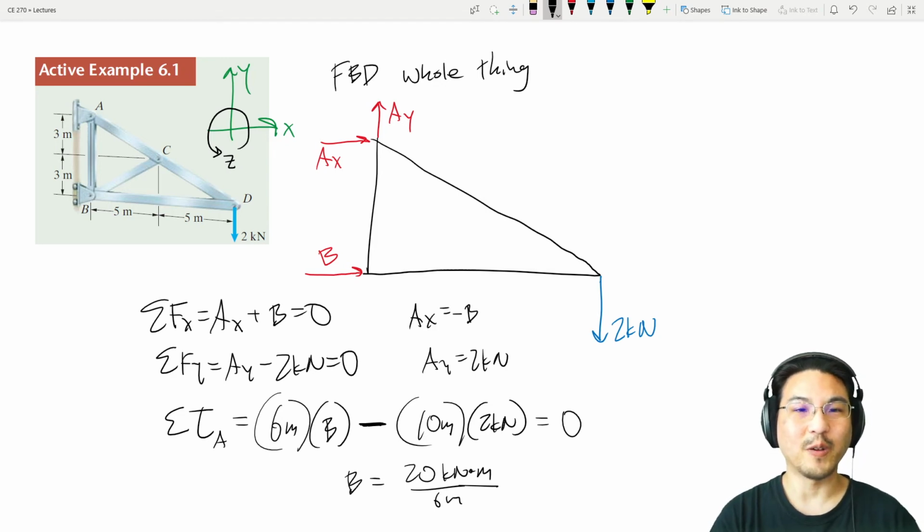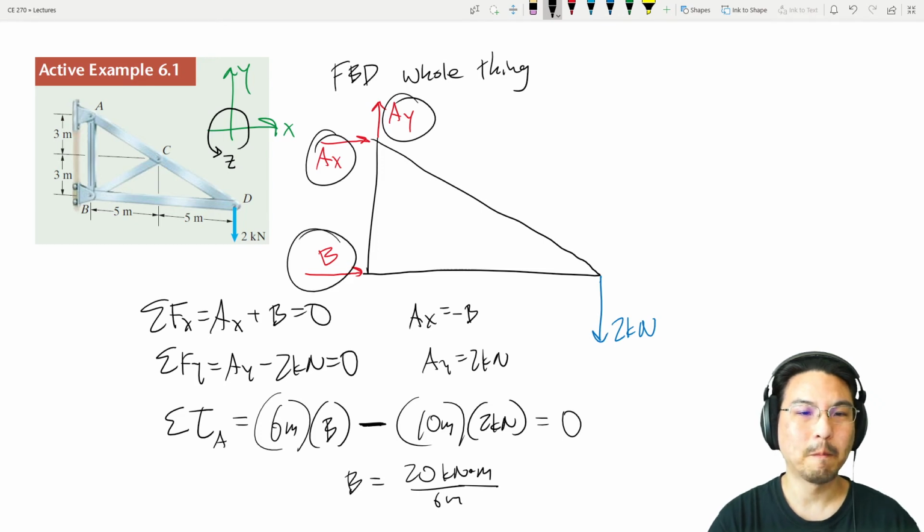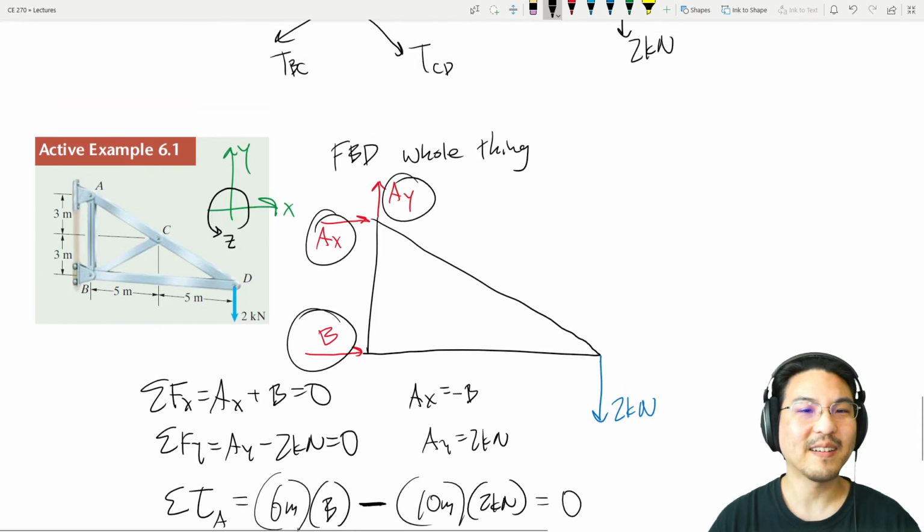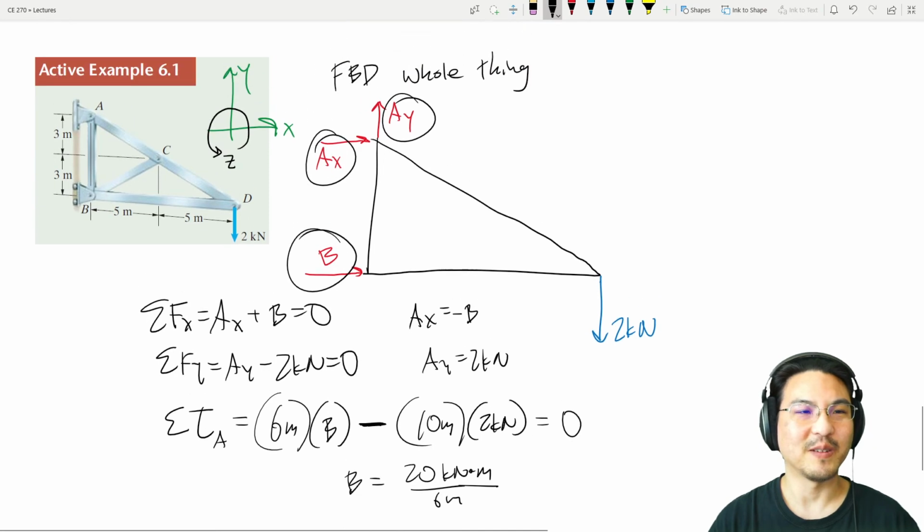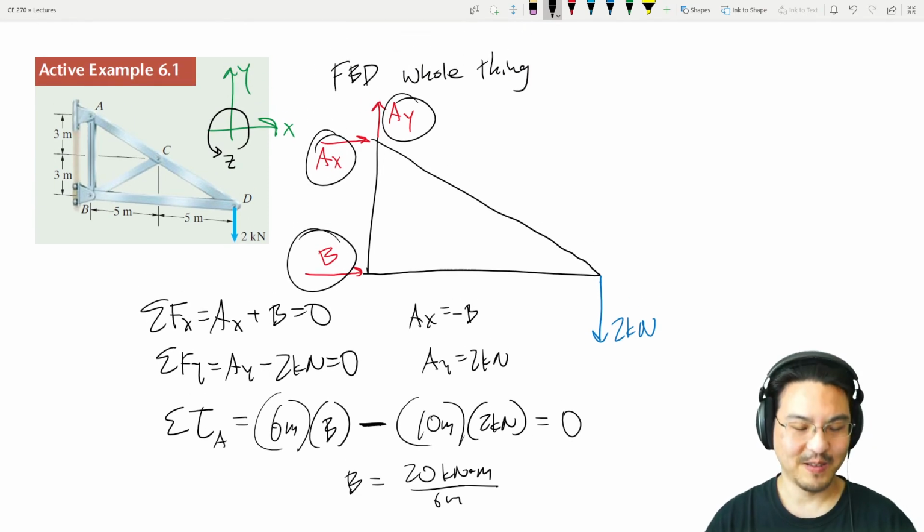So now you have all 3 of these. Now we go back, well, I was saying this is a starting point. So you would start here, solve the 3 equations for the 3 unknowns. So at this point, you know the 3 reactions.